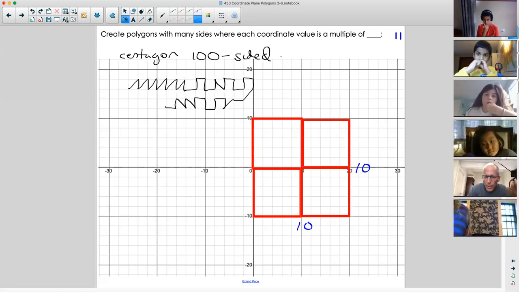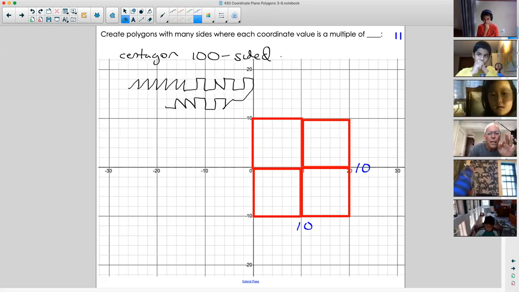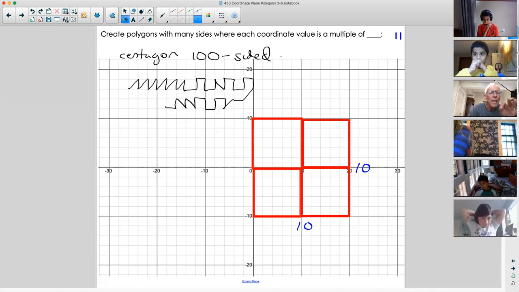Half of 100 is 50, and since 50 is an even number, centipedes never have a number of legs that when you divide it by 2, they get an even number. So for instance, you could have a centipede with 98 legs, because when you divide 98 in half, you get what? Raise your hand.